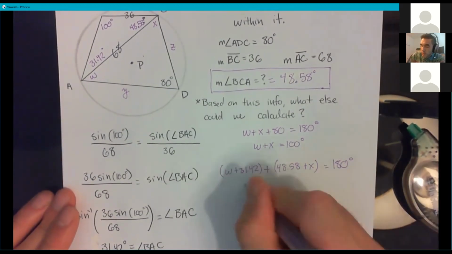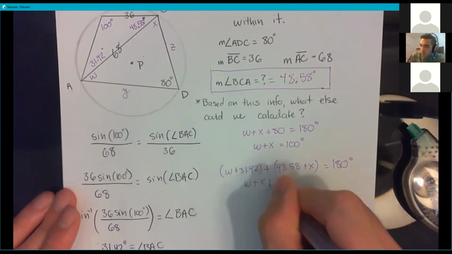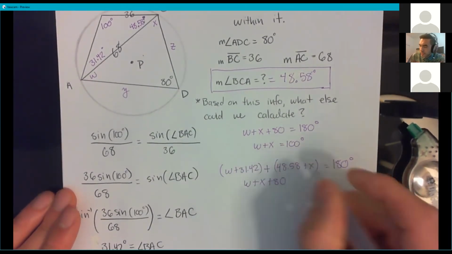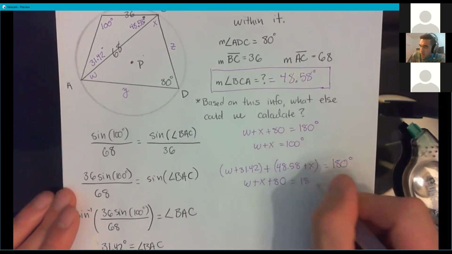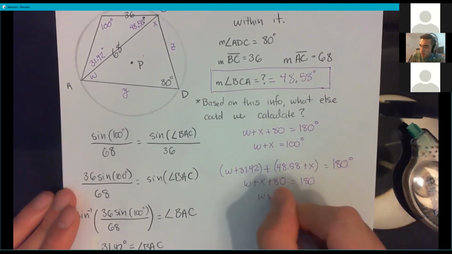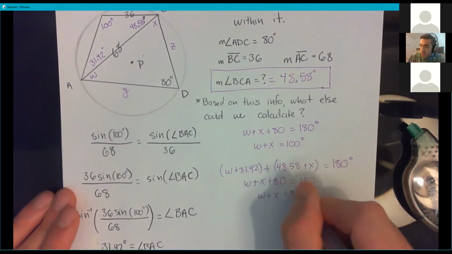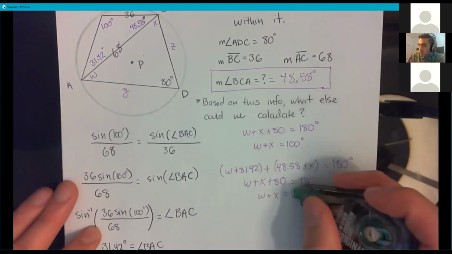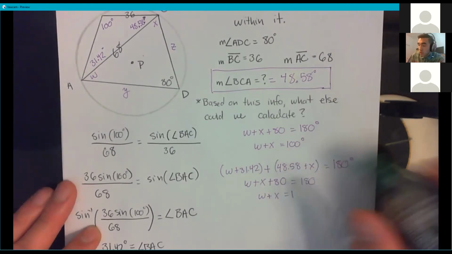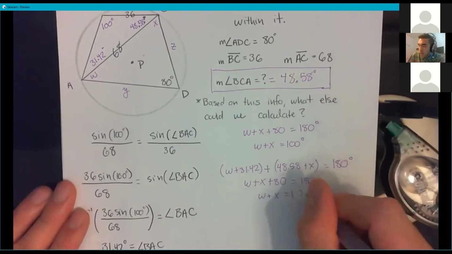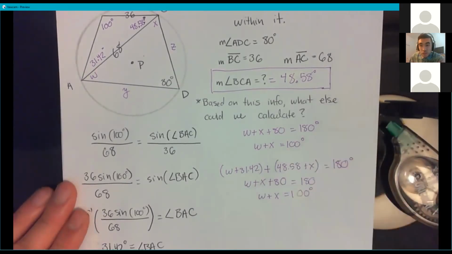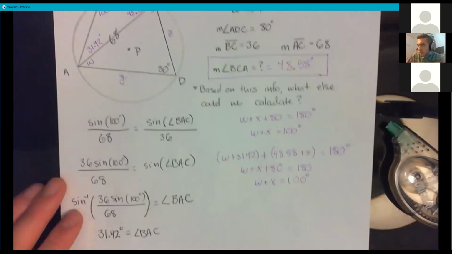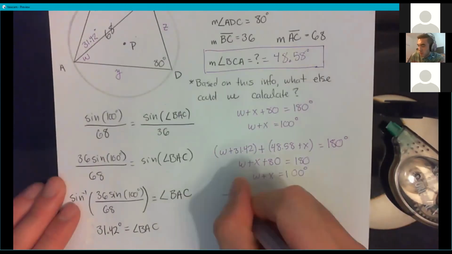This is actually telling us that W plus X plus 80 is also equal to 180, which means that this information is exactly the same as the old information. And because these 2 equations are the same, there is not sufficient information here to solve for W or X, which means there is not sufficient information to solve for anything else. So the answer is nothing else can be known.